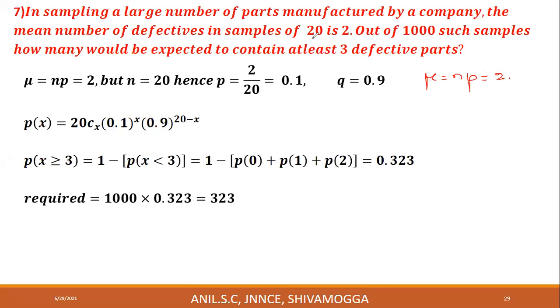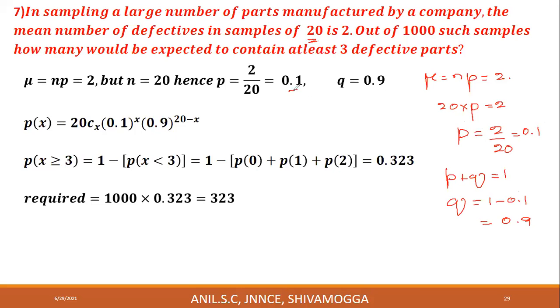It is given that the sample contains 20 elements. Therefore, 20 into P is equal to 2. Therefore, P is equal to 2 divided by 20, which is 0.1. If P is equal to 0.1, and we know that P plus Q is equal to 1, therefore Q is equal to 1 minus 0.1, that is 0.9. P is equal to 0.1 and Q is equal to 0.9.